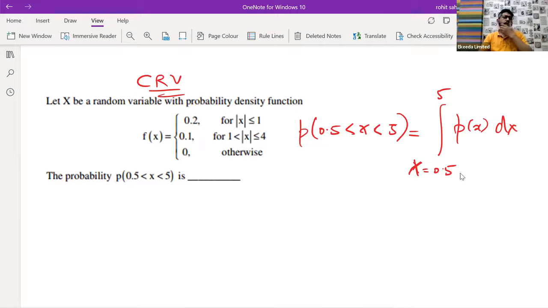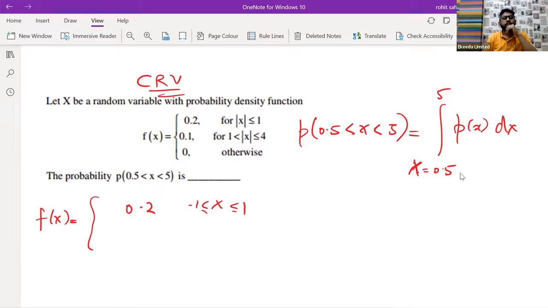Now you can see this is the range for X being greater than or less than equal to 1. So if you want, I'll write the function again. F of X is 0.2 if your X is between -1 to 1.